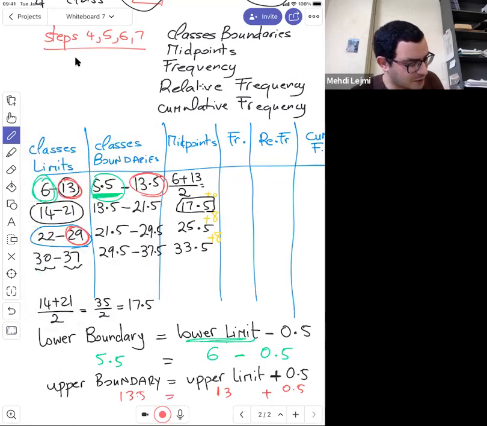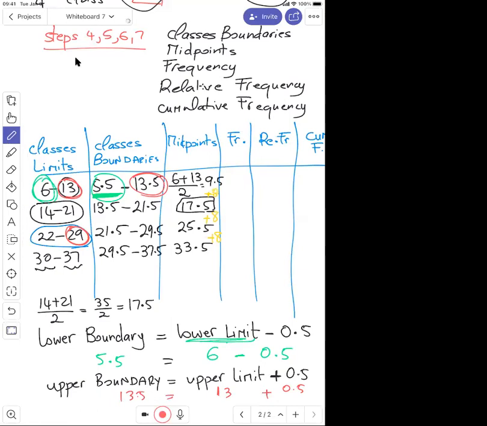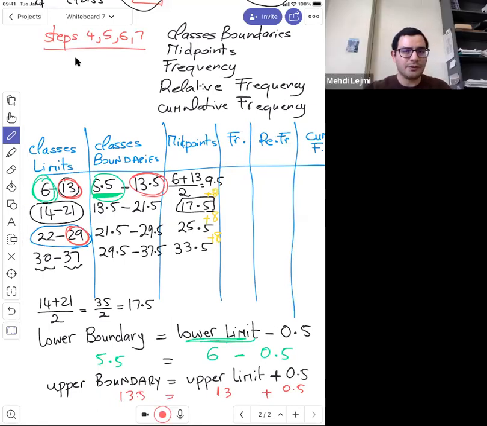So 19 by 2 is 9.5. And then you just add 8. When you add 8, you get the midpoint of the next class. 9.5 plus 8 is 17.5, and that's the midpoint of the second class. So you can keep adding 8 to get the midpoint.